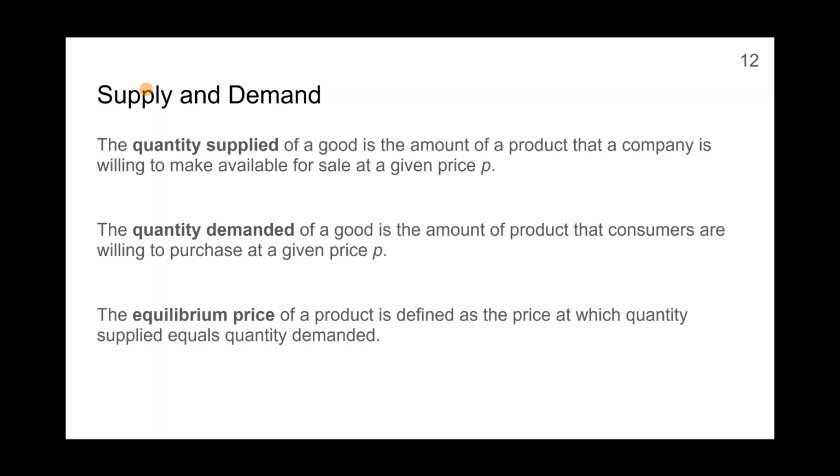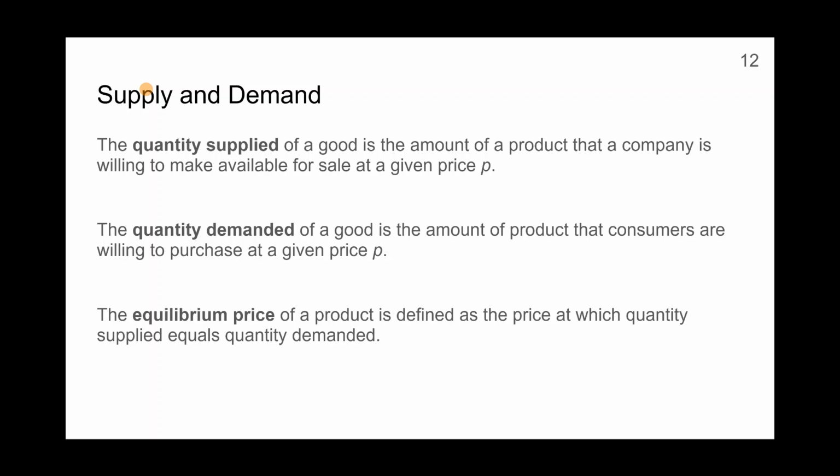The basic idea behind this, by the way, is this. If a price is high, then the amount that a company is willing to produce, let's say we are selling hot dogs, which we'll be doing in our upcoming example, is higher. The higher the price is that you can sell these hot dogs for, the more hot dogs a company would be willing to make.